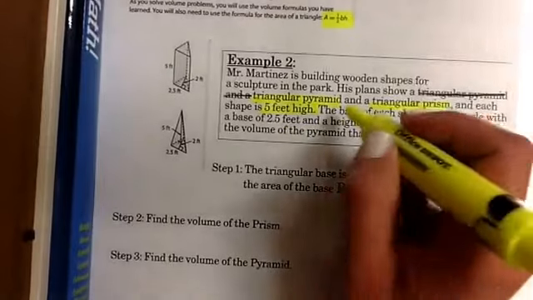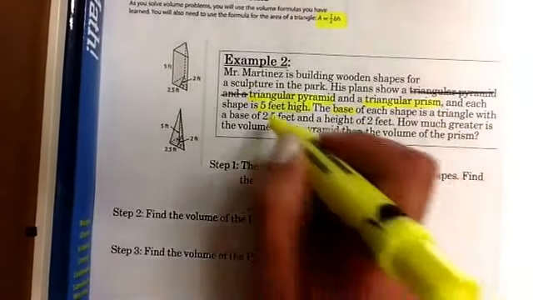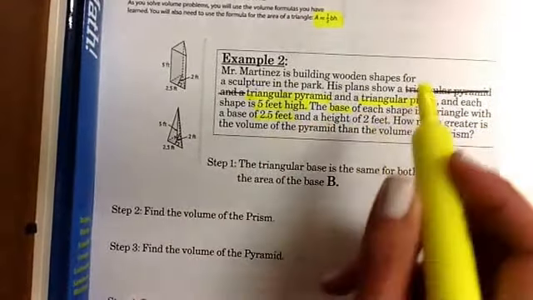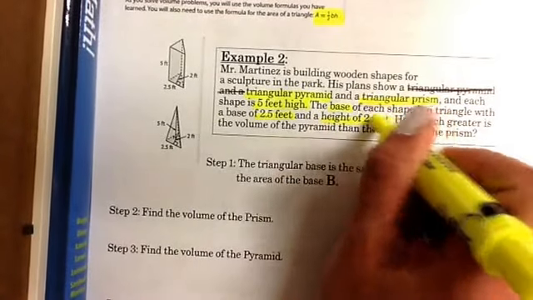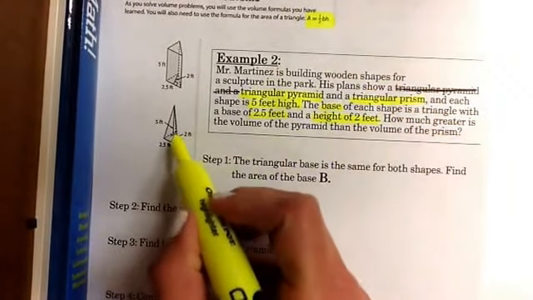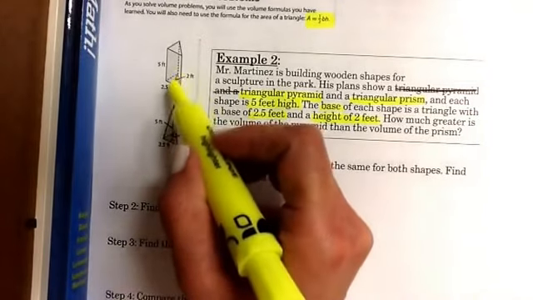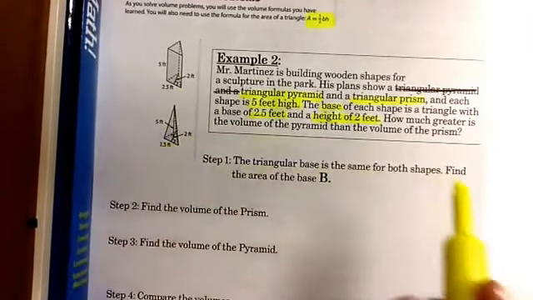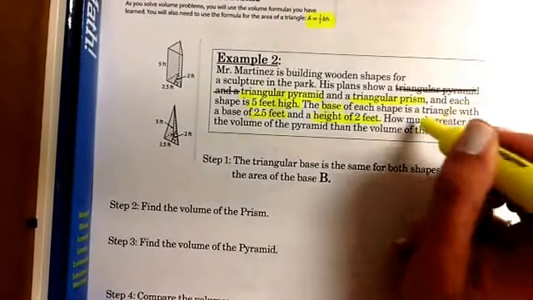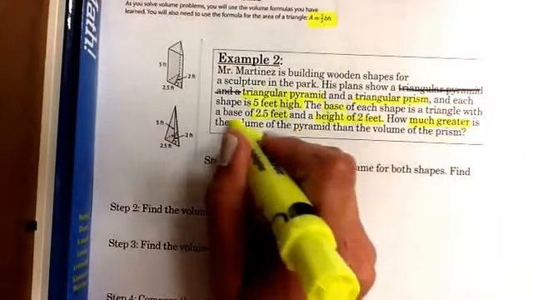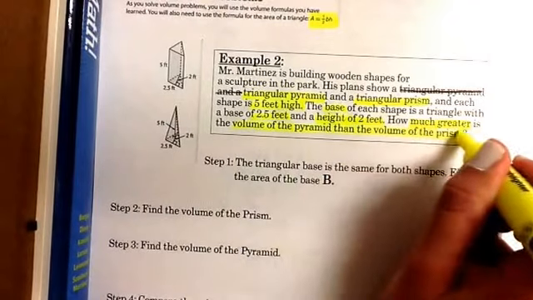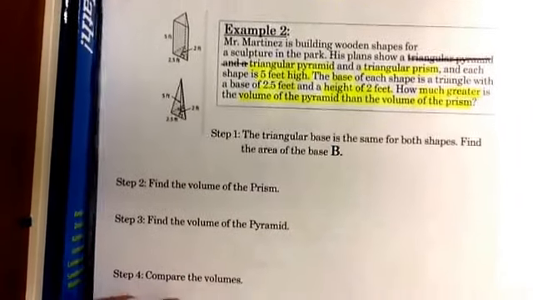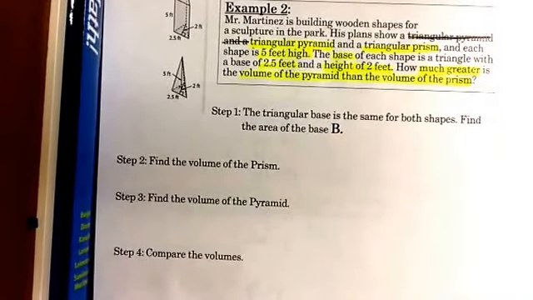The base of each shape is 2.5 feet, and the height is 2 feet. So now they're talking about the triangle's base and the triangle's height. So how much greater is the volume of the pyramid than the volume of the prism? So we need both volumes in order to compare the two.